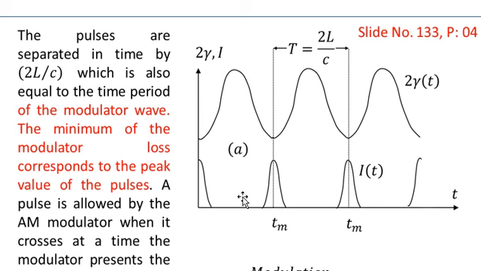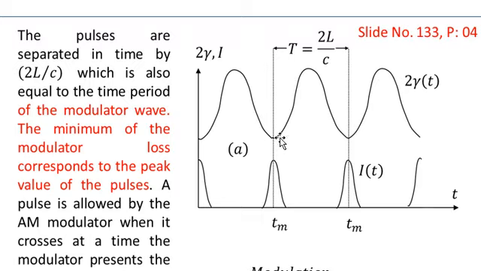You can see that corresponding to the maximum values of the peaks, the output over here is zero. And in the lower graph you can see the pulses, and these are the laser pulses which correspond to the minimum value of the gamma function.